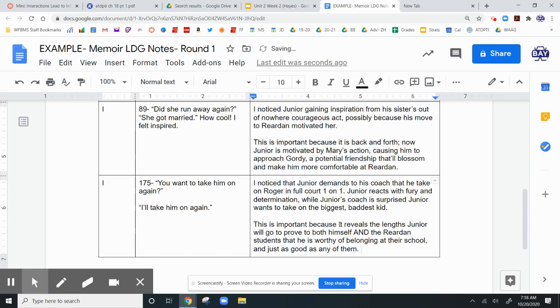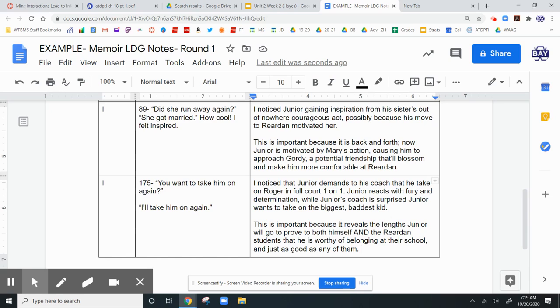Is it dumb to take on Roger in this type of drill? Yeah, probably. Roger's gigantic and he's going to run Junior over. But Junior's okay with that because just being there shows to himself and his teammates that he belongs. And as a Native American at this white school, he has to do even more. He has to overcompensate and really prove to everyone, by leaps and bounds, that he belongs.